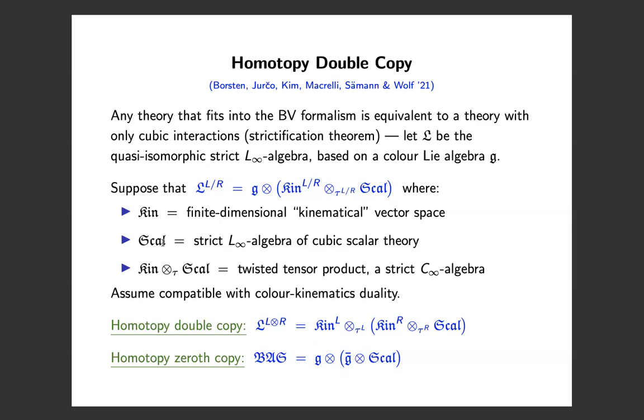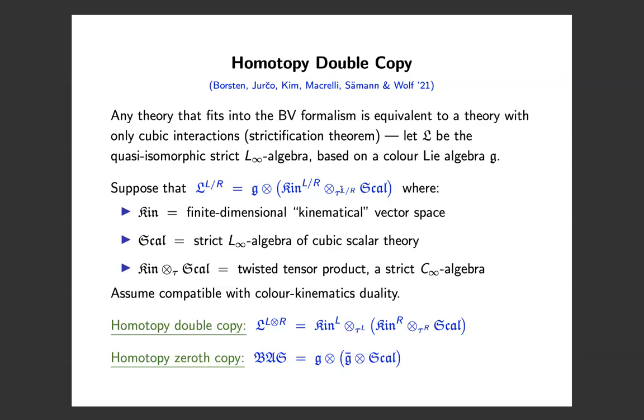This scalar factor written here is a strict L-infinity algebra of cubic scalar theory, just the ordinary scalar field theory with cubic interactions, no color. And this tensor product inside the brackets with the subscript tau is something called a twisted tensor product. It defines something called a strict C-infinity algebra, and I'll mention a bit what this is technically on the next slide.